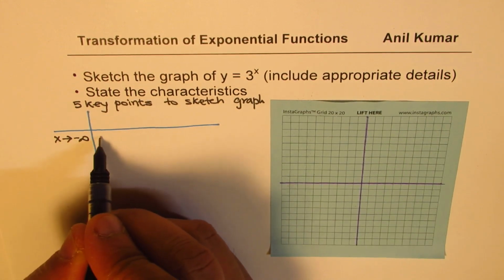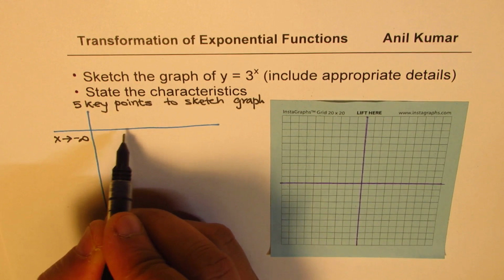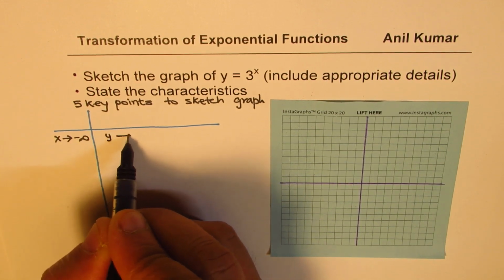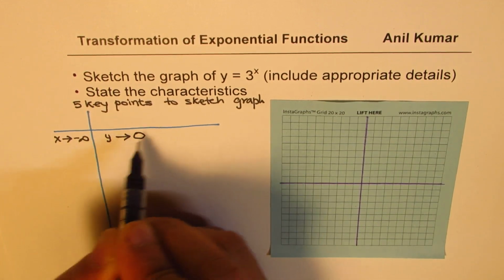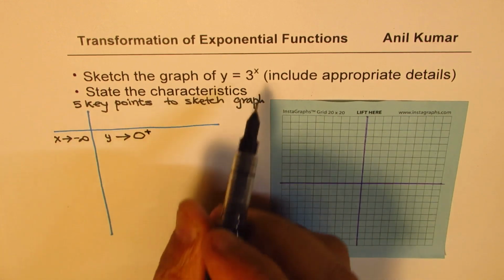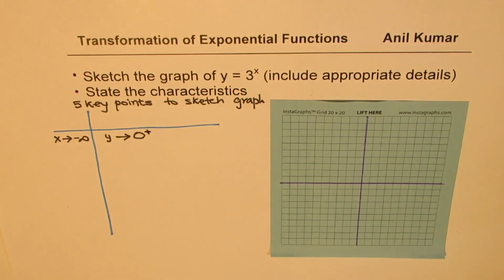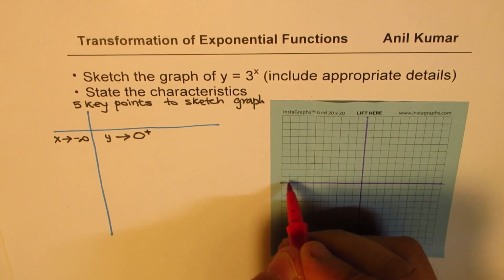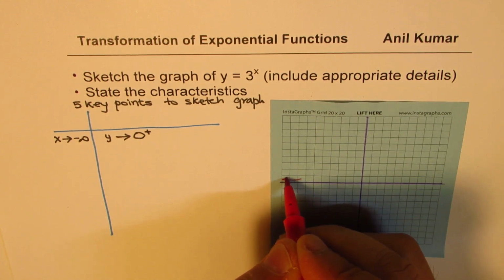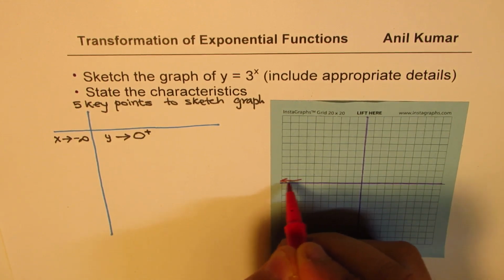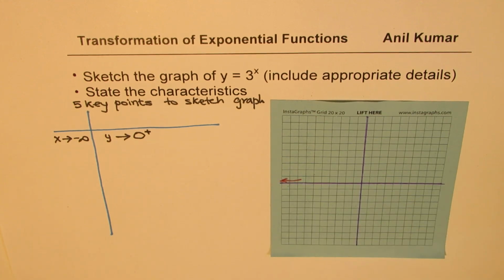So we say y will approach 0, but still it will be positive, right? So this function is always positive. It approaches 0 from the positive side. What we are trying to say here is that when x approaches negative infinity, the function is very close to 0, but above the x-axis. So this is one critical point.